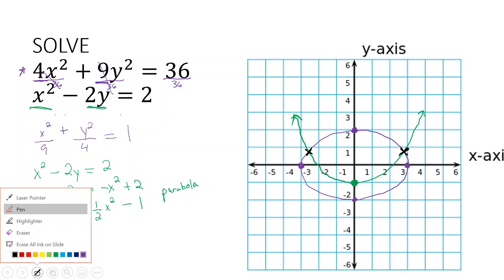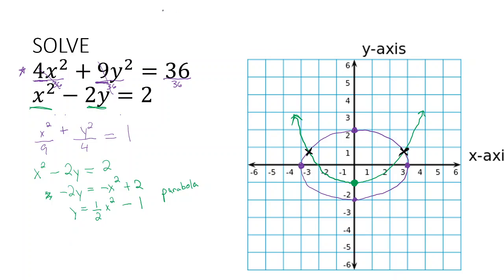So I'm going to redo this in blue over here, and I say that it's 4x squared plus 9y squared equals 36. And let's make that the red equation: x squared minus 2y equals 2. What I'm actually going to do is solve for x squared.